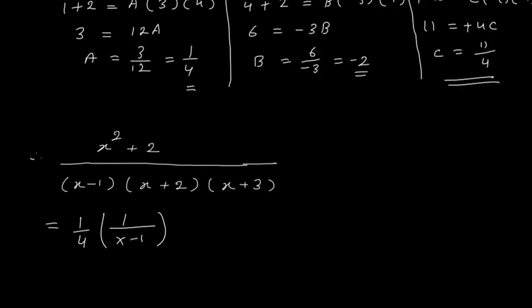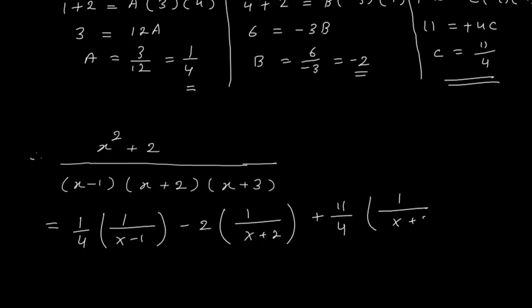You can take the 1 divided by 4 out also. This is more useful when we are doing integration. Plus b, so the value of b is minus 2, so I will write minus 2 into 1 upon x plus 2, and then I have c, so c is 11 divided by 4, with positive sign, 1 upon x plus 3. This is how we got the values of a, b and c.